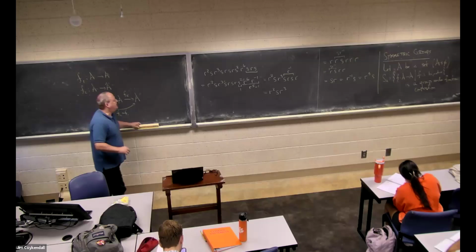Then how many n by n invertible matrices are there over a field of Q elements? Well, we'll argue that.